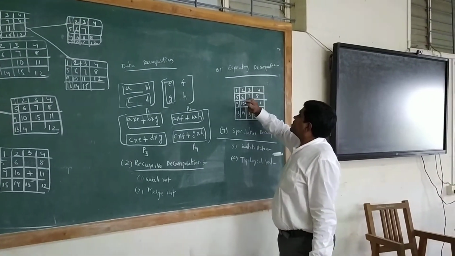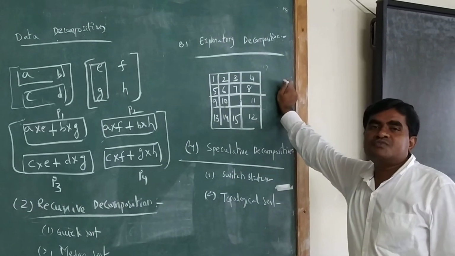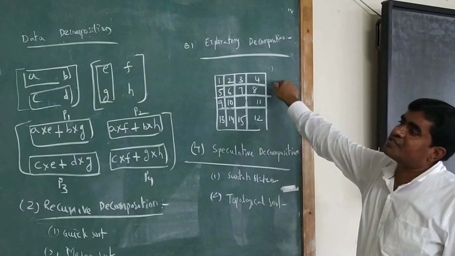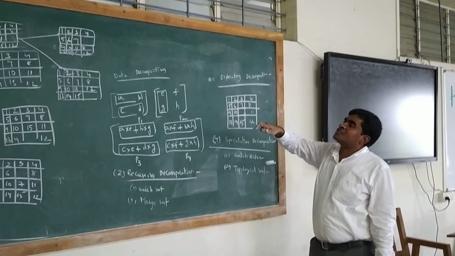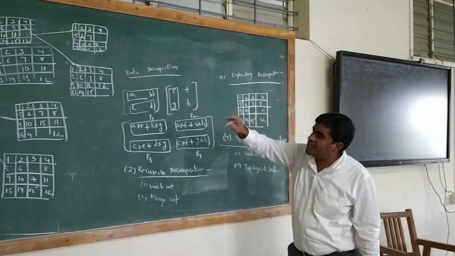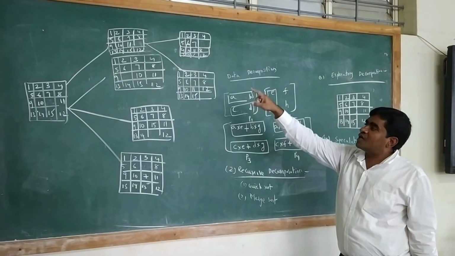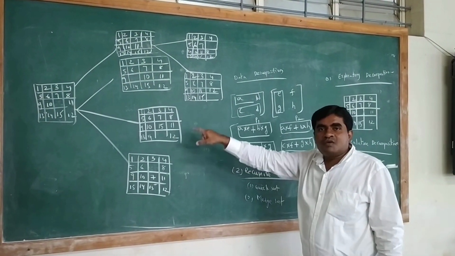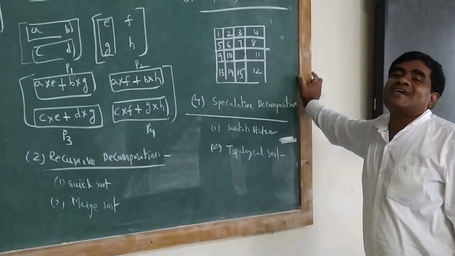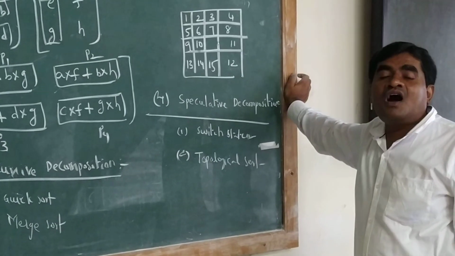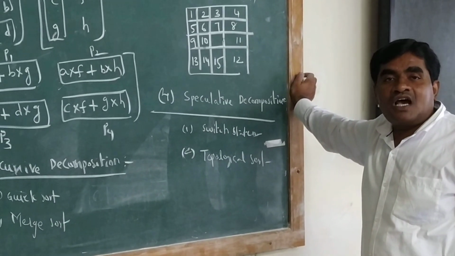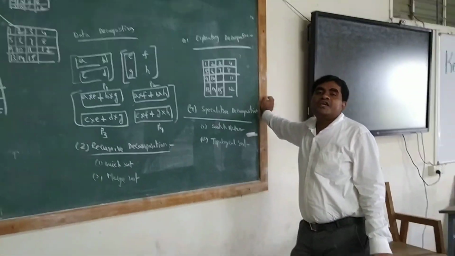Third one is exploratory decomposition, where each process goes with the best possible solution. The best example is the puzzle problem. We are solving the puzzle problem like this. Fourth one is speculative decomposition: if it contains a switch statement, or second, topological sort, these are the best examples of speculative decomposition.